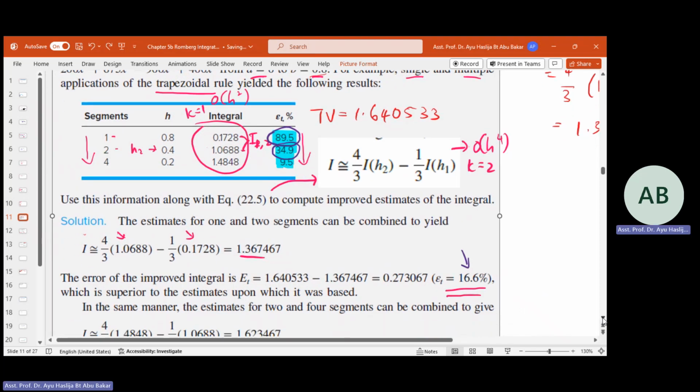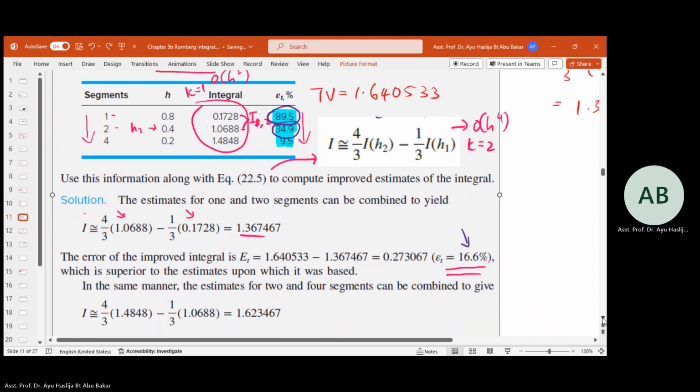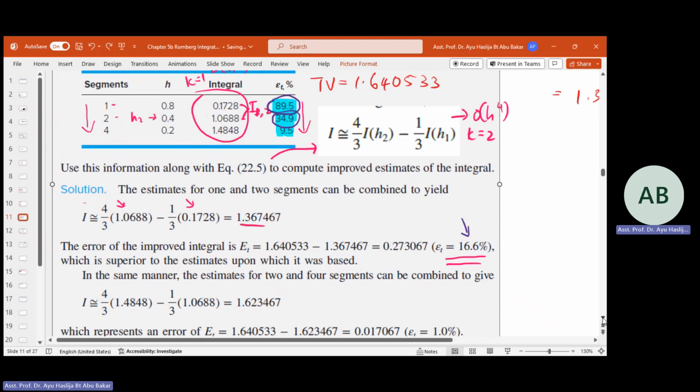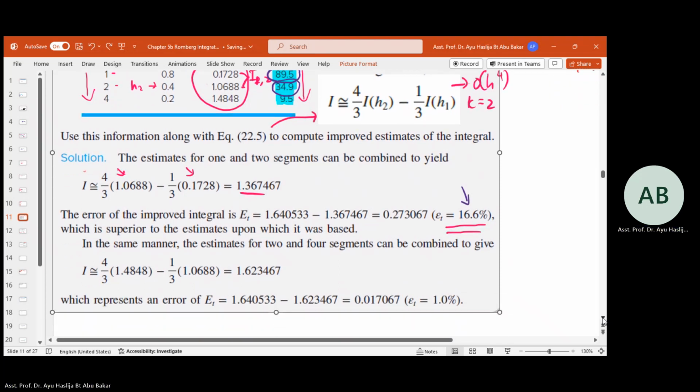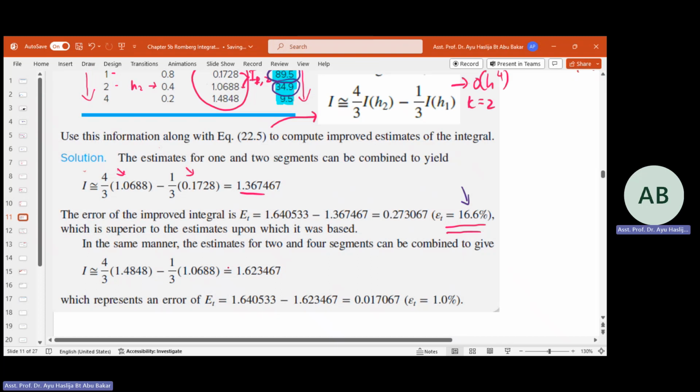Okay, same step for segment 2, n equals 2 and n equals 4. This one, 4/3 multiplied by the more accurate, so more accurate is this, minus the less accurate, this one.